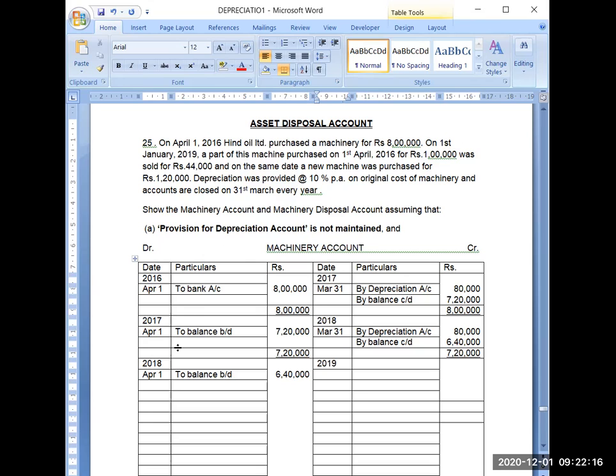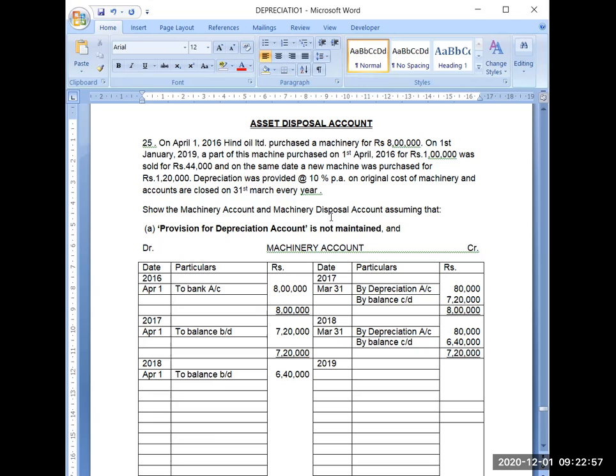Our year is from April 1 to 31st March 2019, so this transaction will fall in this year. On 1st January 2019, a part of this machine purchased on 1st April 16 is sold, which means you are selling a part of this machine, not the full machine. The cost of it was rupees 1 lakh on 1st April 16 and you have sold it for rupees 44,000. Now the question is saying that you have to show the machinery disposal account.